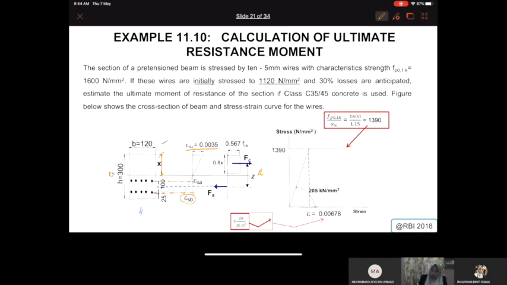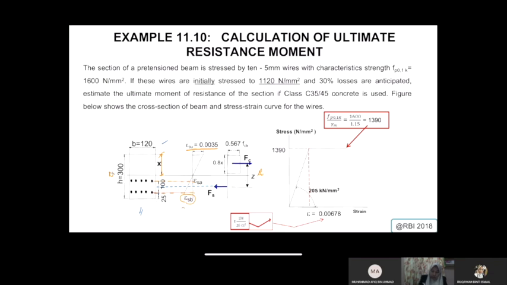This is the strain. So we have identified the possible strains: the tension contributed by the 2 layers of your tendon, and the concrete strain, which is 0.0035.